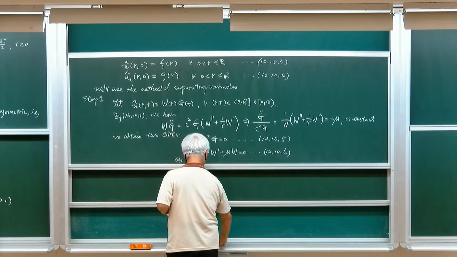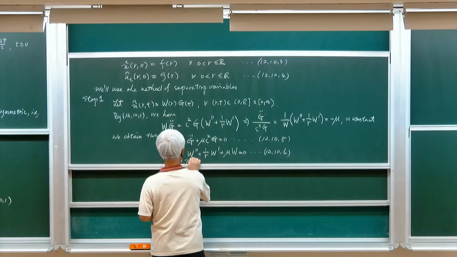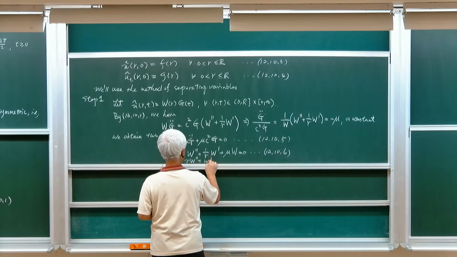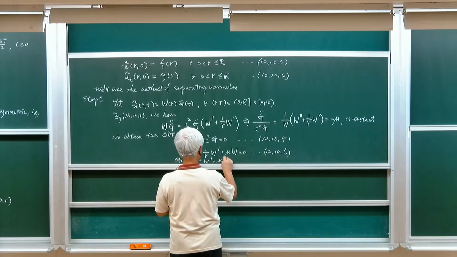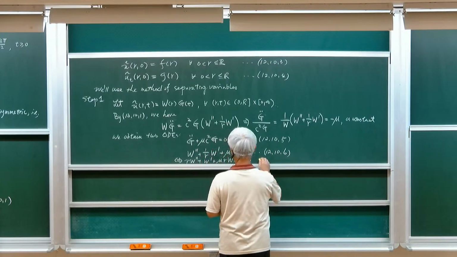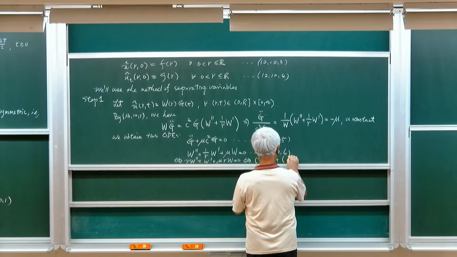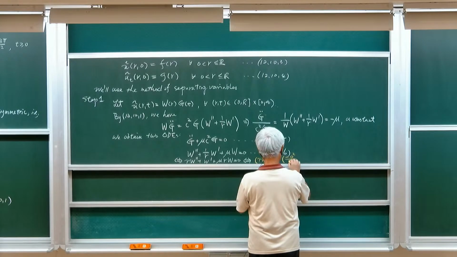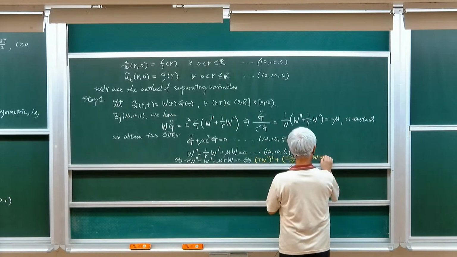Well, you can multiply r on both sides, so this is r W double prime plus W prime plus mu r W equal to 0. And this is actually r W prime, prime plus minus 0 squared divided by r plus mu r W equal to 0.